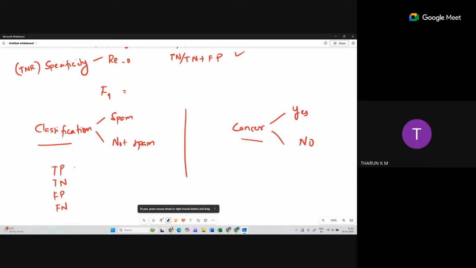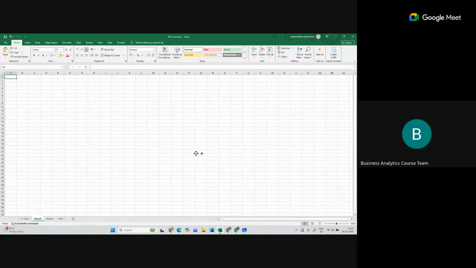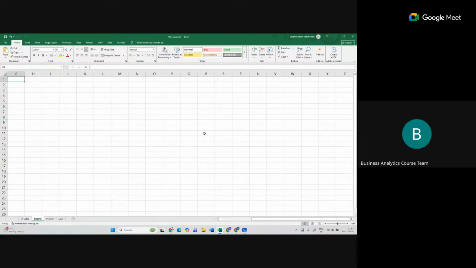Sir, true positive is classifying it as spam when it is actually spam. Yeah. So let's go to this rough sheet. So I will say y underscore actuals, y underscore predictions.